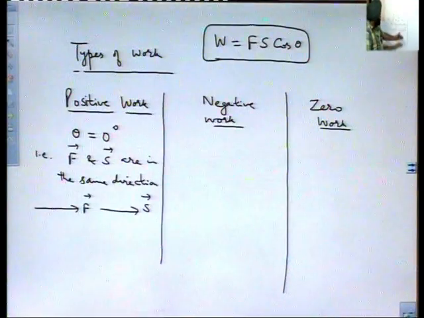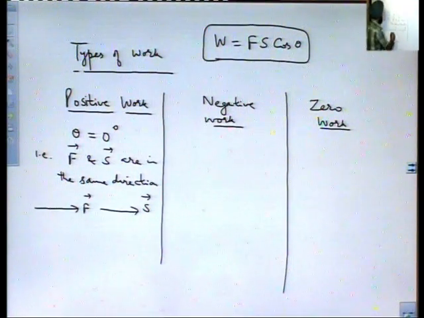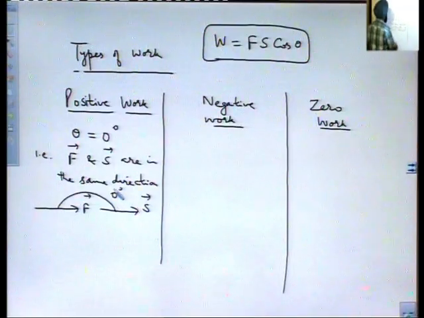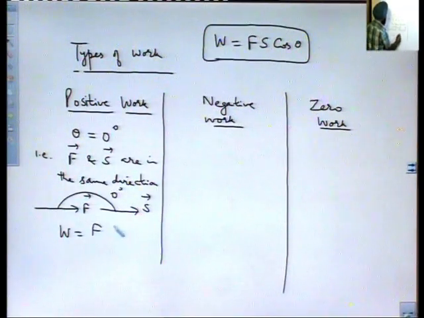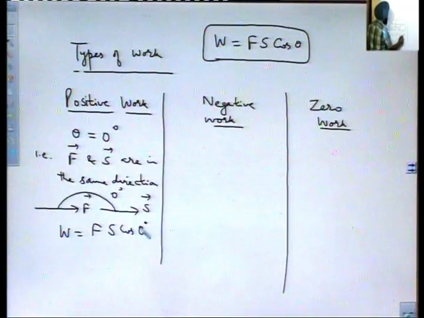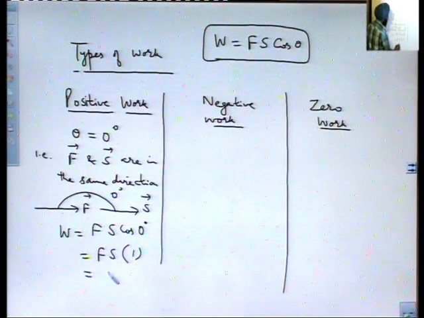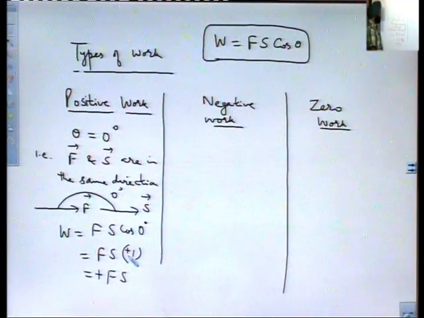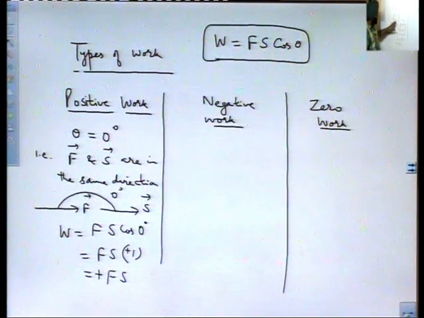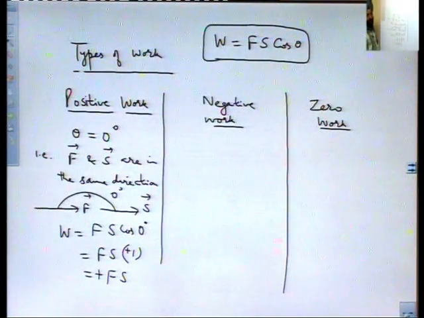So between force and displacement the angle will be 0 degree. Then work will be equal to Fs cos 0, and cos 0 is 1. So this is equal to Fs with plus sign. This is why it is called positive, because the angle between force and displacement is 0 degree.